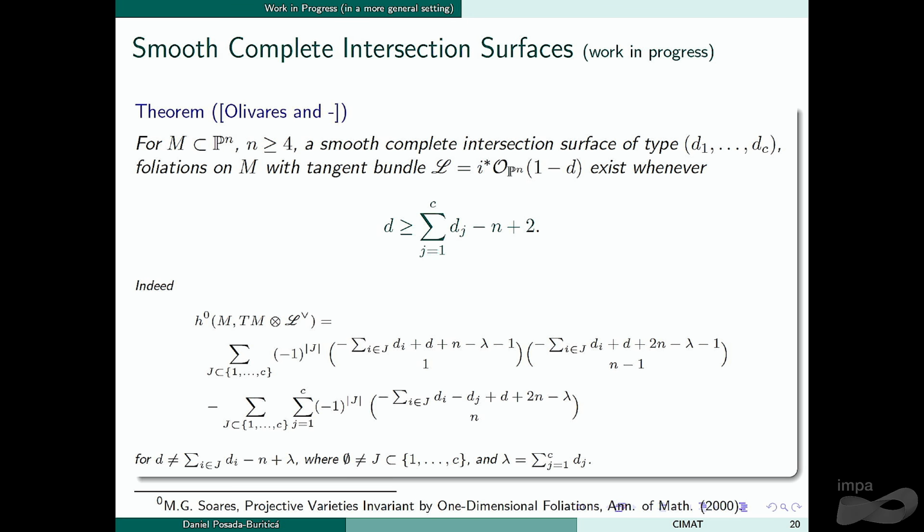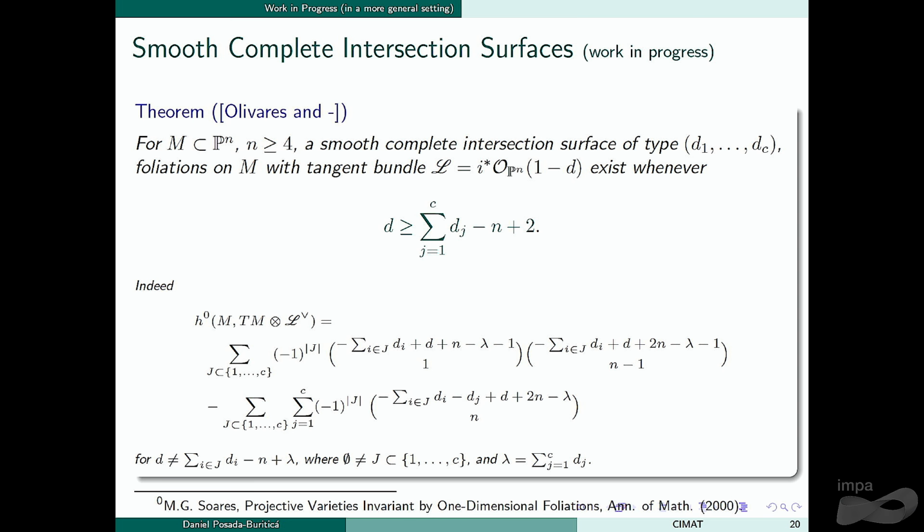If we have a smooth complete intersection surface in Pn with n greater than or equal to 4, with the same construction, the tangent bundle of the foliation is a restriction of a line bundle on Pn. So for D greater than or equal to this number, there are foliations by curves. And we have an explicit formula in terms of combinatorial numbers for the dimension of the spaces that define the foliation.